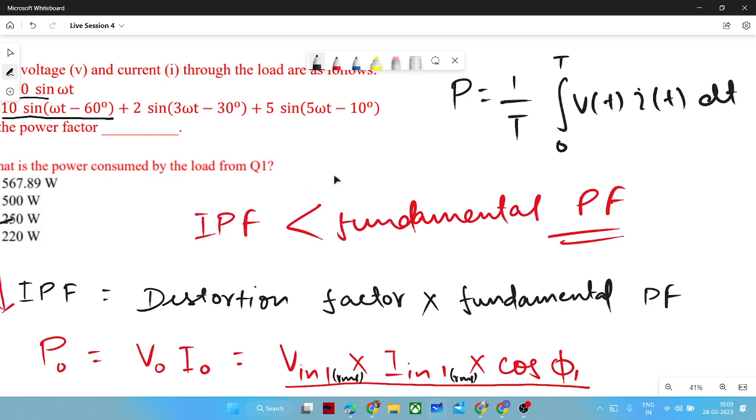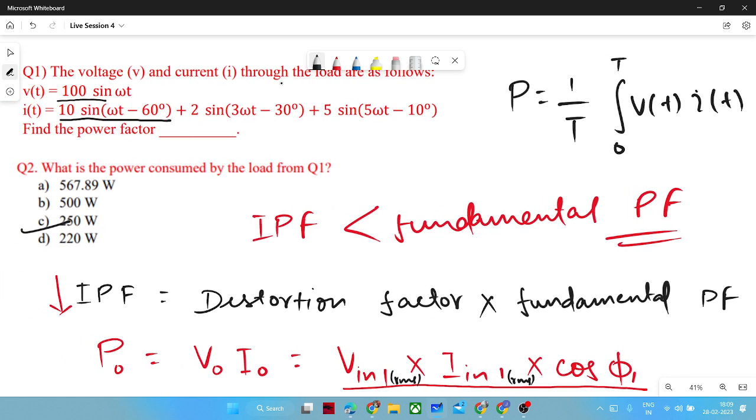If you multiply both the terms of current and voltage, the first multiplication will occur between these two components, the second multiplication between these components, and so on. You see that if you try to multiply sine omega t and sine 3 omega t components, you will get zero. You just try by yourself and verify it. This happens because of the orthogonal property of sine functions or any sinusoidal kind of waveforms or expressions.